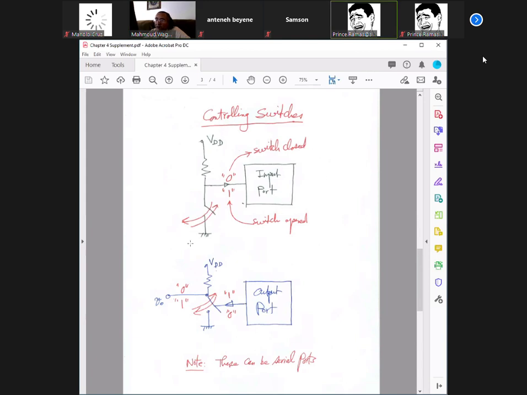This page is very important, by the way. It's in the supplementary material. Suppose you want to read the location of the switch. You want to read if the switch is open or closed. Here is a switch. Here's the resistor connected to VDD.